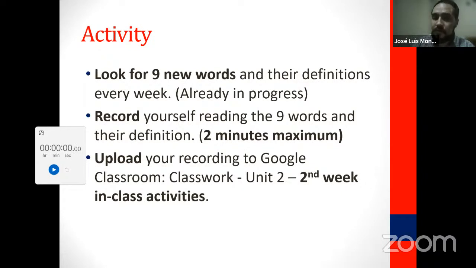So you know what you are supposed to do, right? 9 new words plus the definitions and also examples. In this case, they give you a recommendation because this is not going to be like the maximum, Michael. In this case, all right, you can use a little bit more, but it's advisable to use 2 minutes maximum. All right, that's why it has to be the word, definition, and example. And then you're going to upload these to Google Classroom, right? Unit 2, the second week in class activities.